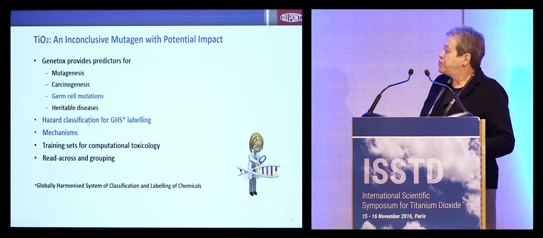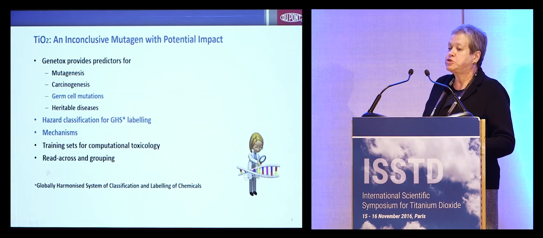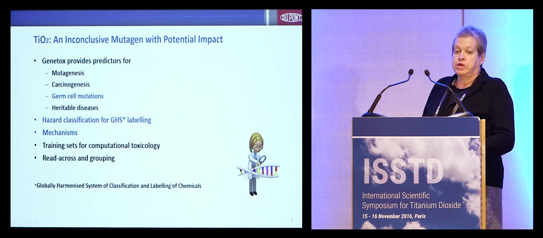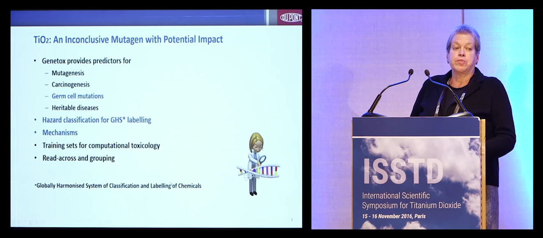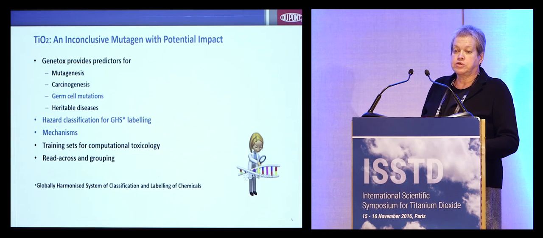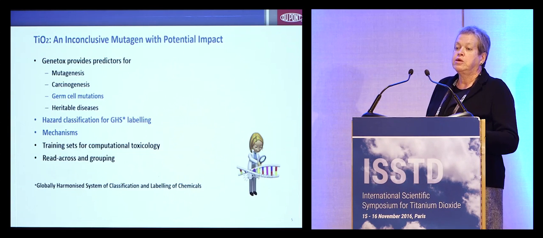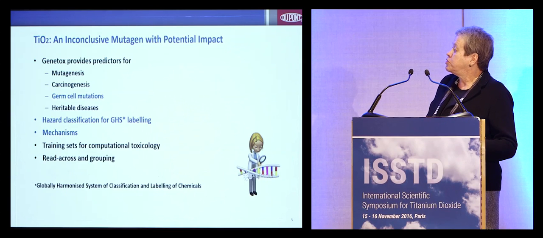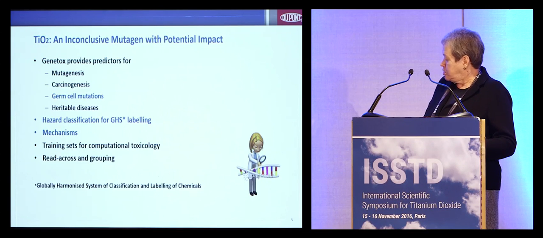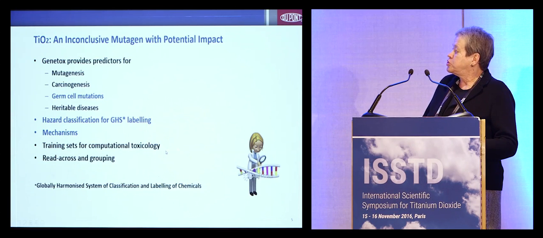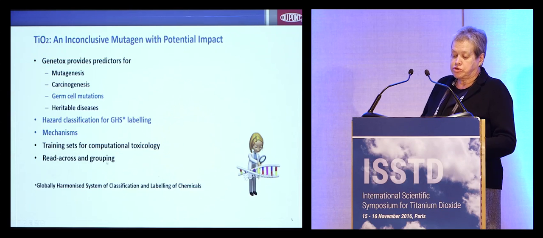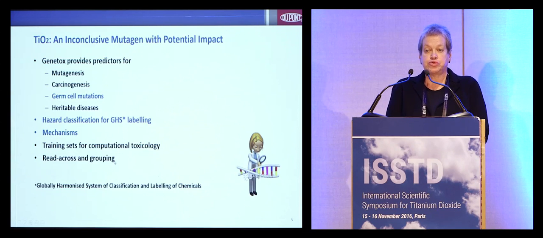We do hazard classification for GHS labeling, which is the Globally Harmonized System, and for a global company that is actually far more important than the European classifications, although that's not really what decides what goes on the label. Gene tox provides data for mechanisms. It also makes up training sets for computational toxicology and for read-across and grouping, so it has a huge impact.